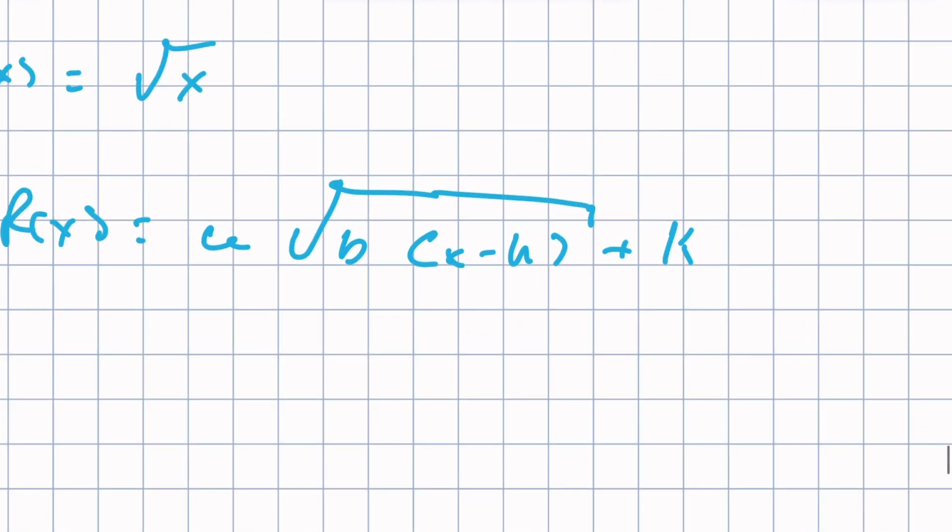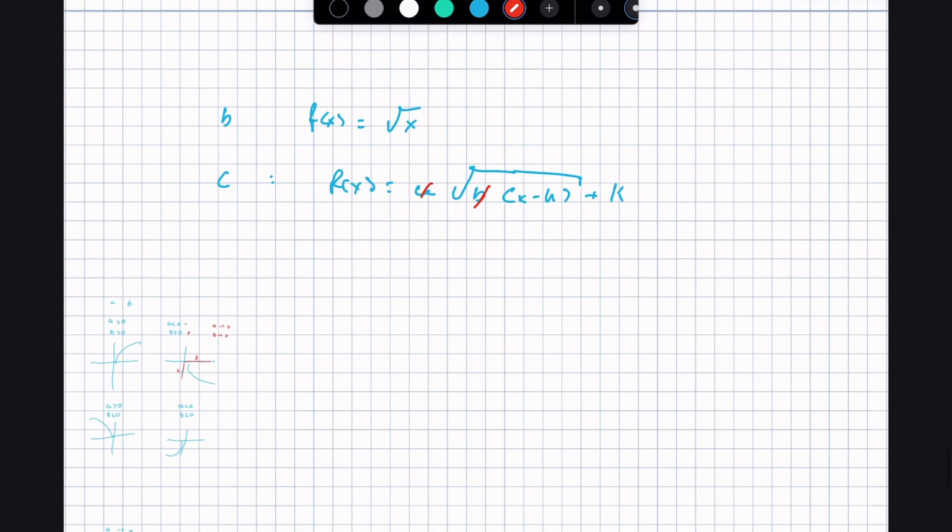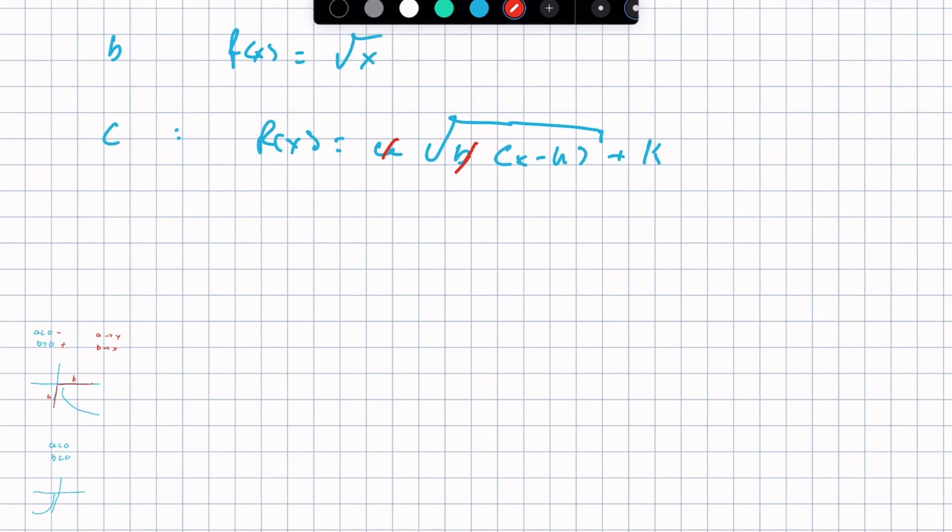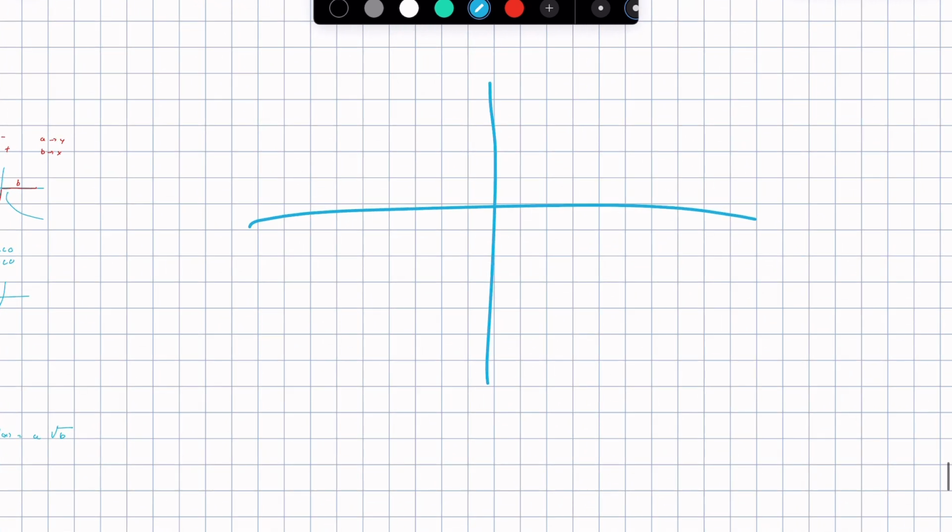Now we already did the a and the b. Now we're doing the h and k. H and k is where it stops. Logically you see it as a graph. You see that it goes like here to here, right? False.